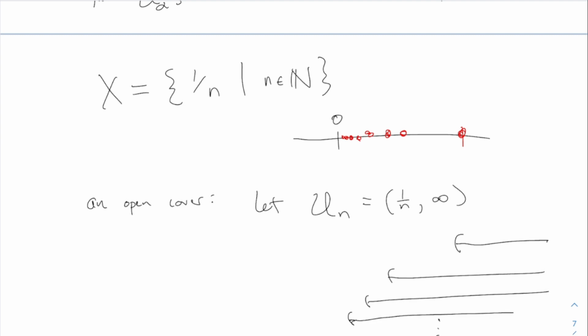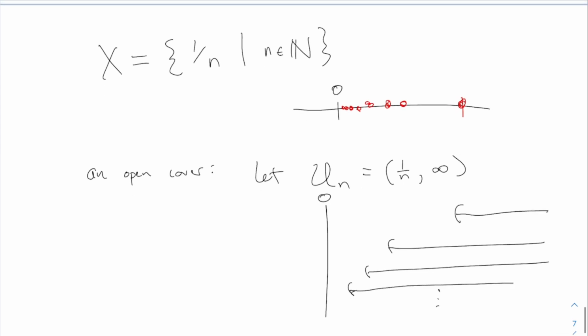Right? Now, here's 0. Is it true that these things actually cover up all of X? I believe it is true. Every one of those red dots eventually is actually part of one of these open intervals. And so that means all points of X are covered by these intervals. But if I only use finitely many of these, it no longer covers all of X. If I stop at some point, then I will necessarily be missing some of the red dots.